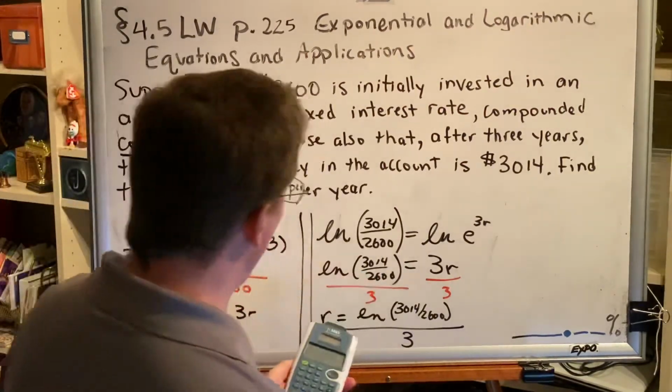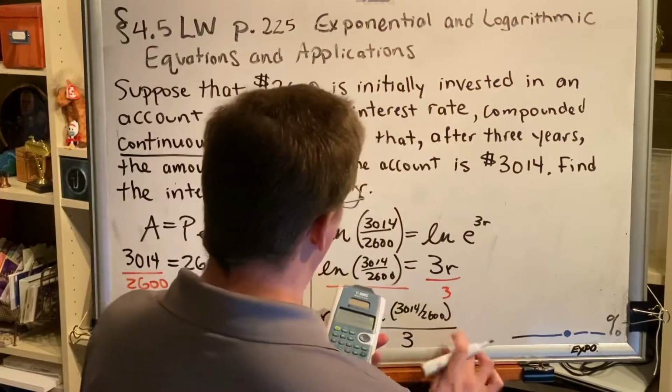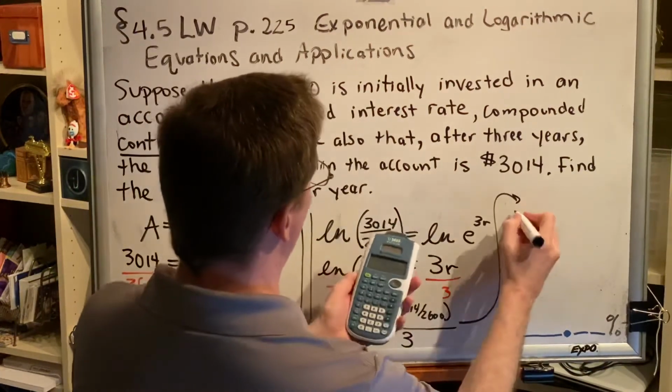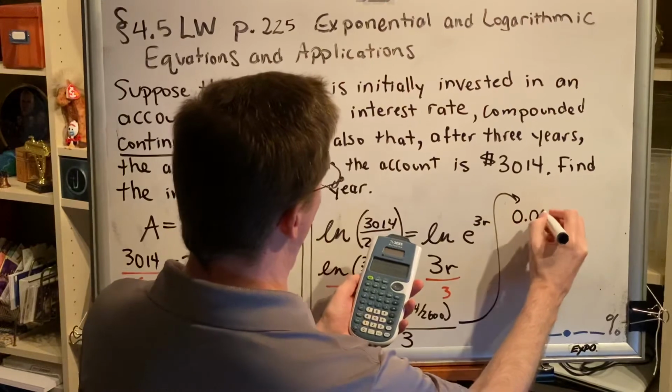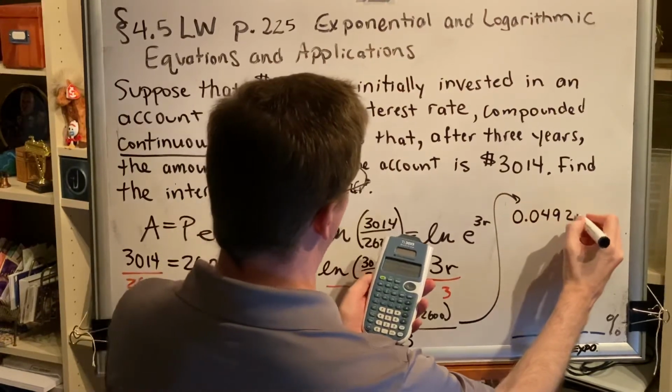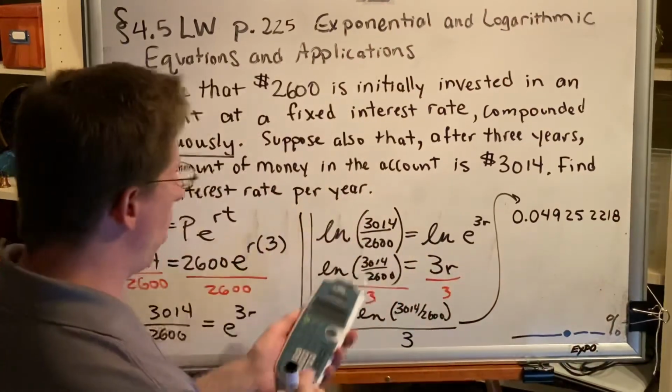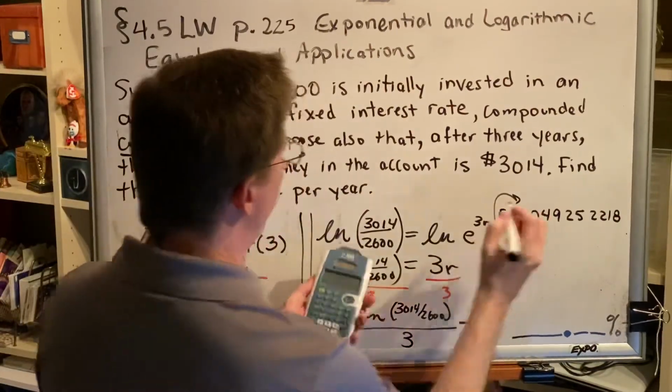And this is giving me a decimal. Remember that I have to convert it to a percent, so I'm going to have to multiply by 100. This is telling me 0.049252218. Multiply that by 100 to convert it to a percent.